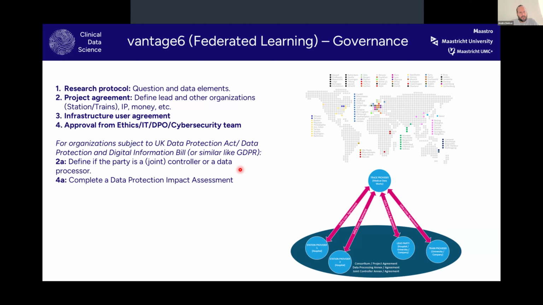That requires a position from everyone, and typically everyone also needs to do the DPIA to understand the risks of such a system. But there's lots of help on that. We have all those things available open access, for instance these agreements, and how you do a joint controller.